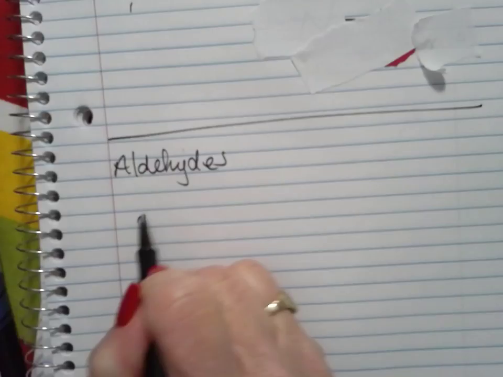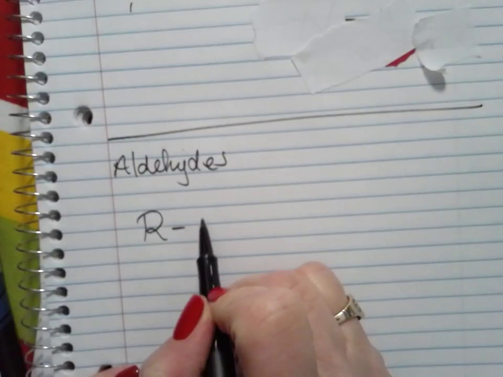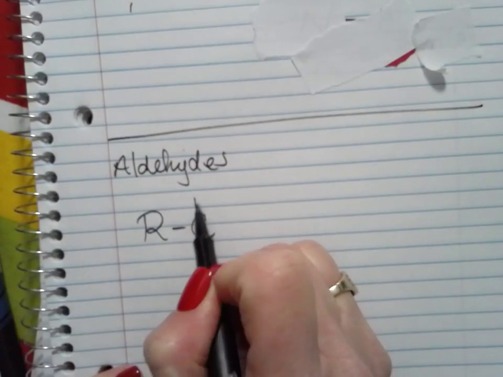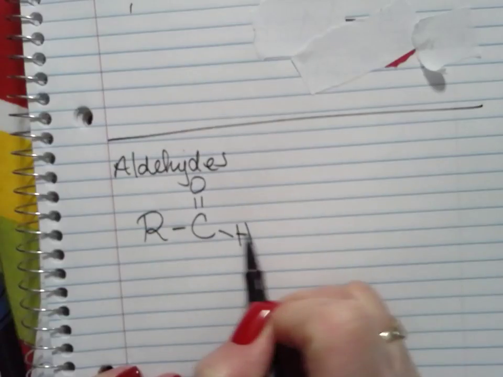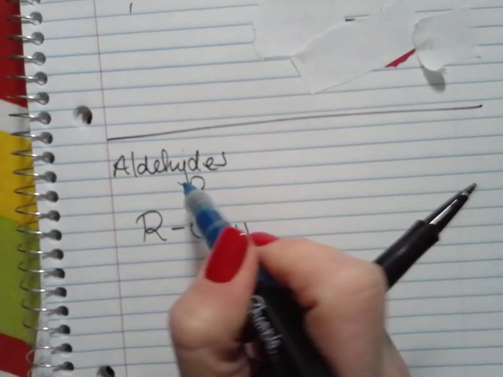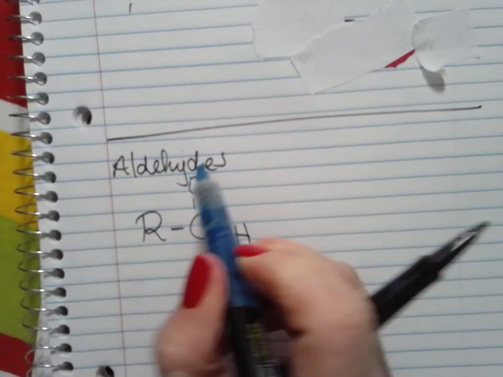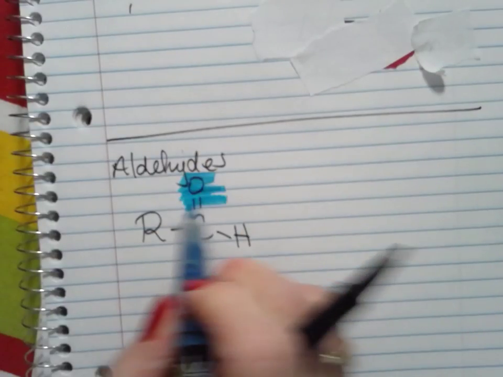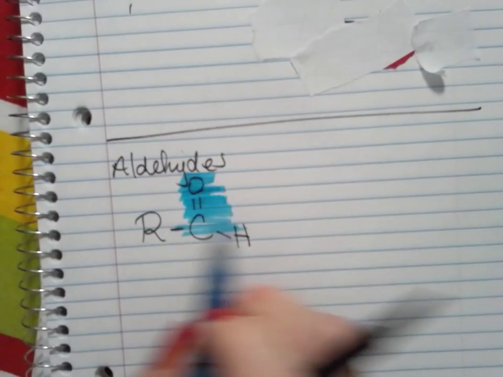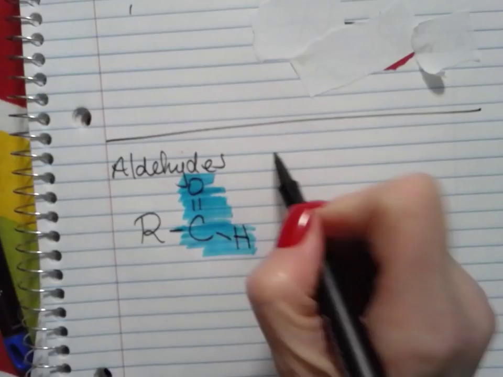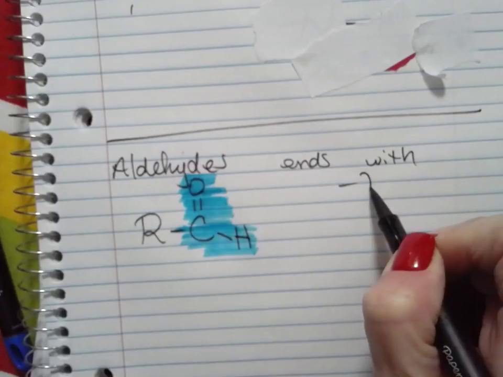Now an aldehyde has this functional group. It has this oxygen that is double bonded to a hydrogen here, and it ends with al.